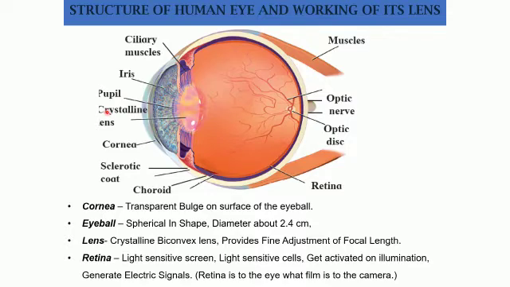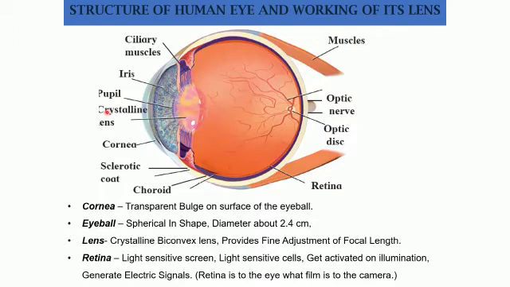So what is the pupil? It's a small hole of changing diameter at the center of the iris. Now this pupil can bring about change in its size depending upon the amount of light that we are exposed to.